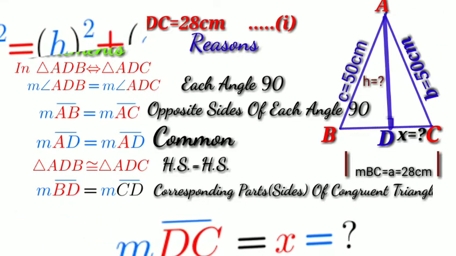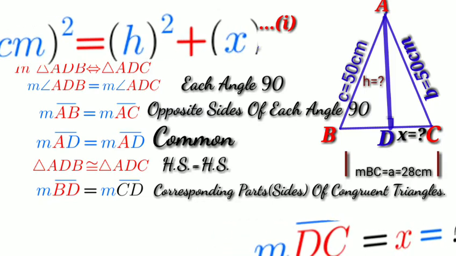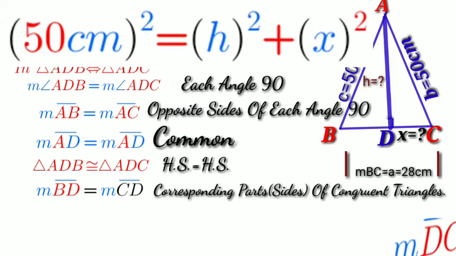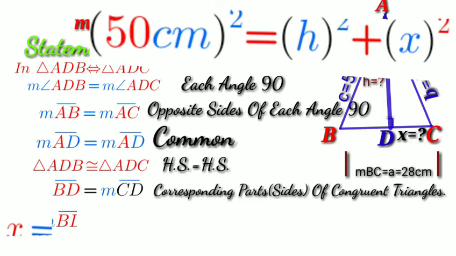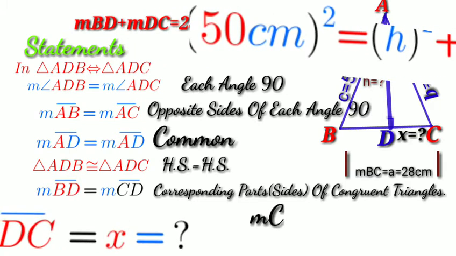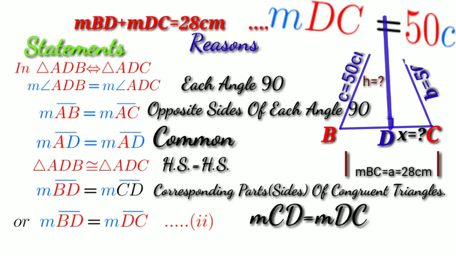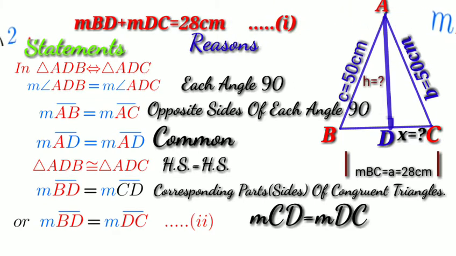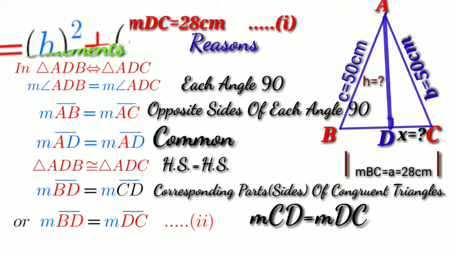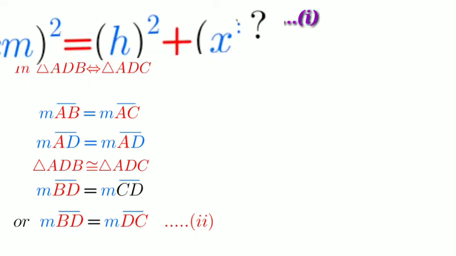CPCT means corresponding parts of congruent triangles. When side CD is equal to side DC, then this equation becomes side BD is equal to side DC, which is equation number 2.